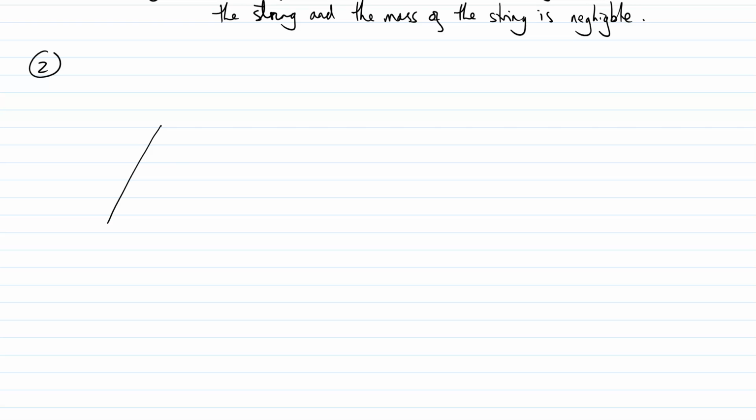So we've got some sort of scale pan. Let's just use a triangle. It's attached to a vertical light inextensible string, so there's a string here. It carries two masses A and B. A sits on B. So we've got B underneath A. And A is 400 grams, or 0.4 kilograms.